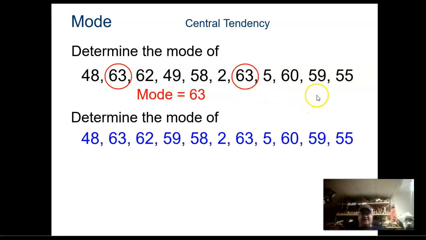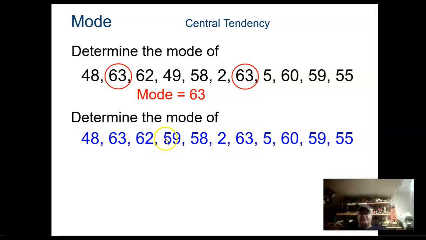So let's take a look at this one. Again, I can start out over here with the 48. There's no other 48, so let's go to the 63. Well, I do have two 63s. What about 62?